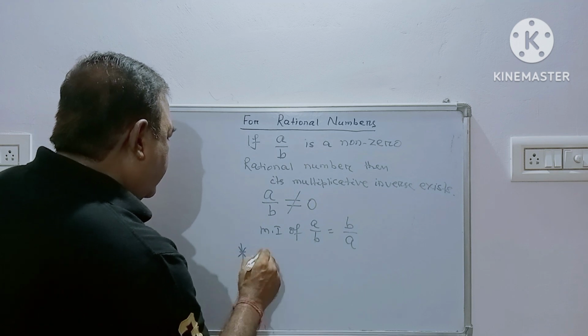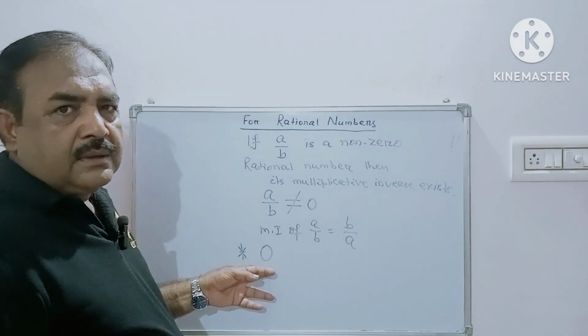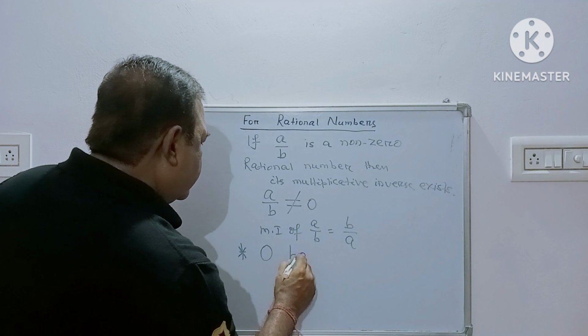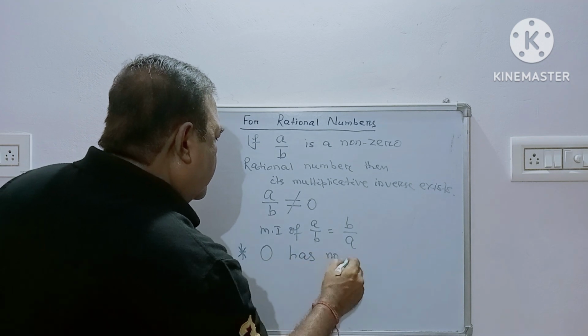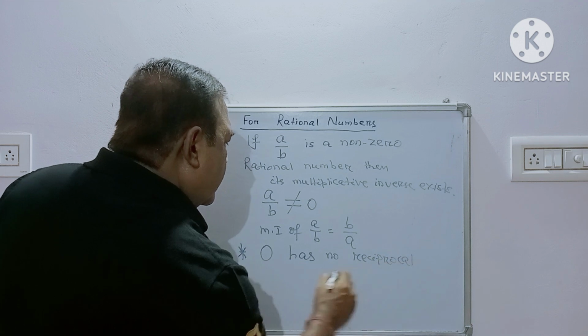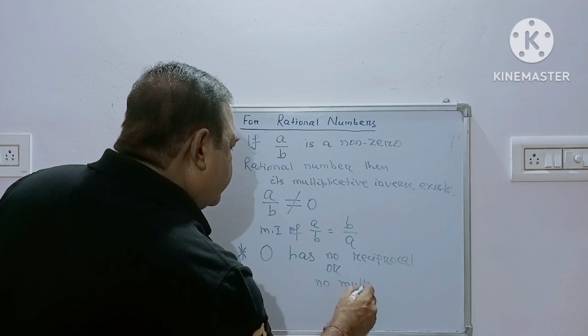So remember, 0 is a rational number, but its multiplicative inverse never exists. So 0 has no reciprocal or no multiplicative inverse.